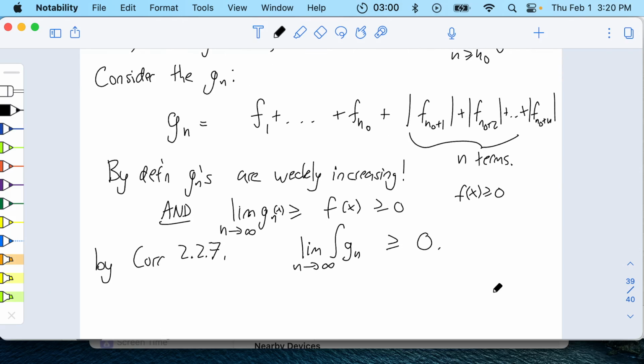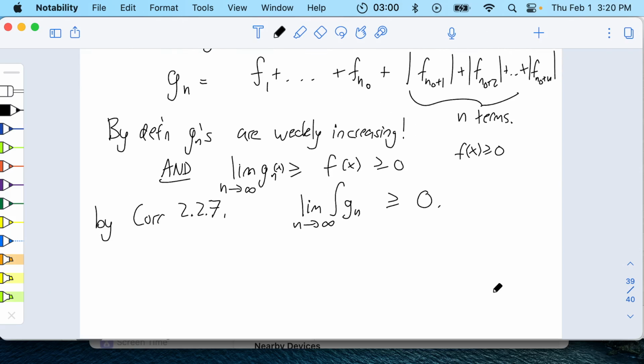Okay, and when the limit of the g's is bigger than 0, you're going to see what this means. So here's the big chain of inequalities. 0 is less than the limit as n goes to infinity of the integral of g_n. But g_n is two parts. It has a part where you sum up from k equals 1 to n_0 of f_k. That's the main part.